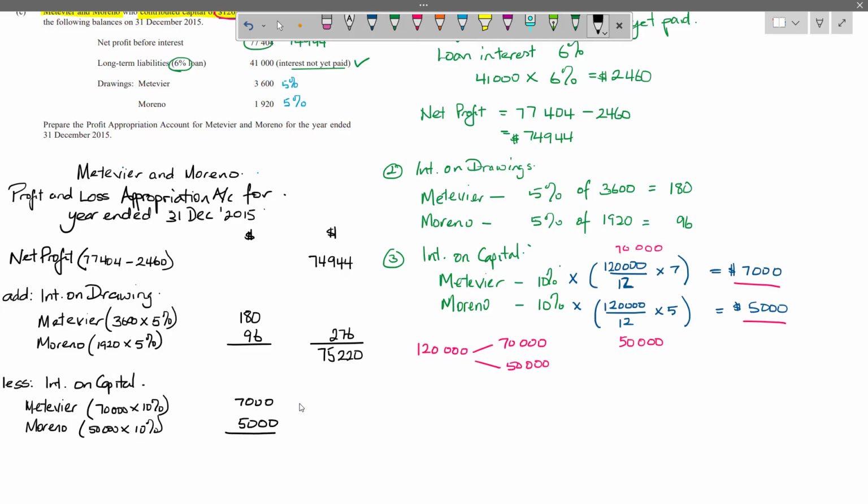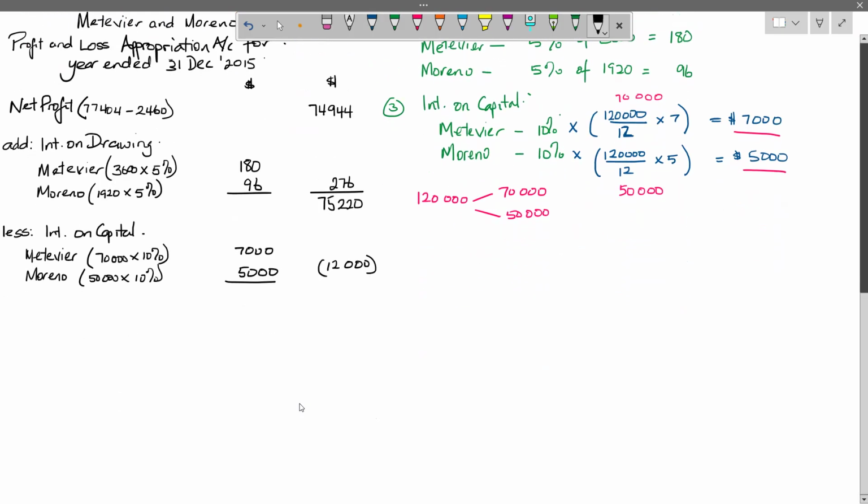Right, now this figure is going to be subtracted from the total above. We don't have any salaries, so I don't need to include any salaries here. I could just go straight ahead and subtract this. 5 take away 2, give them a 3. 7 take away 1 will give them a 6. From this point, I could go to the share of profits now.